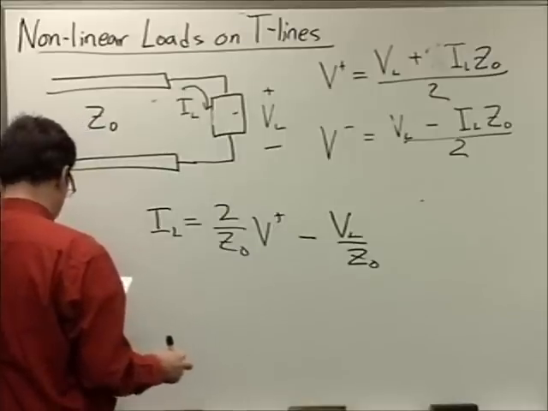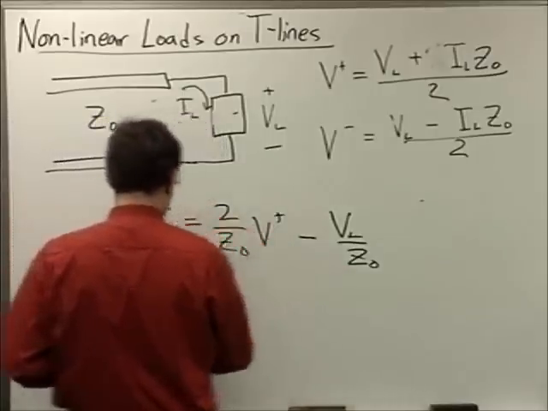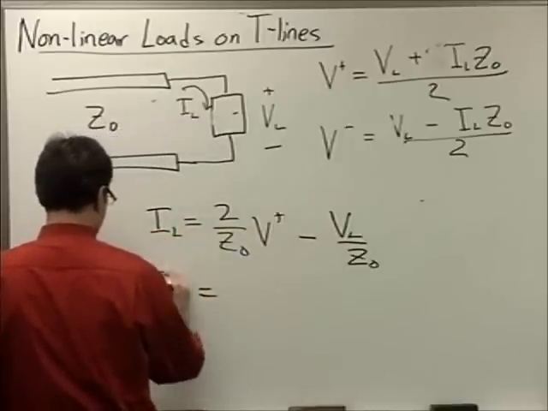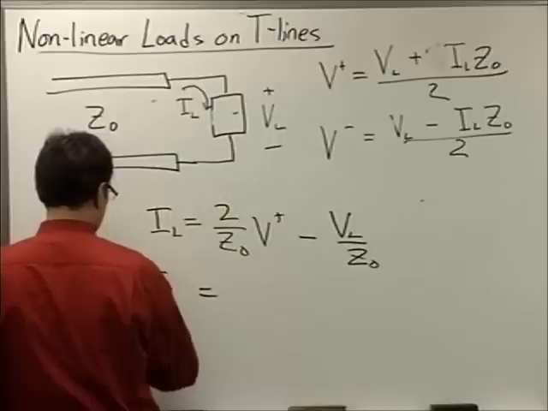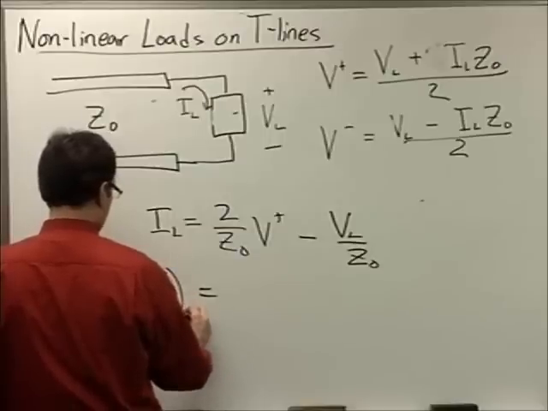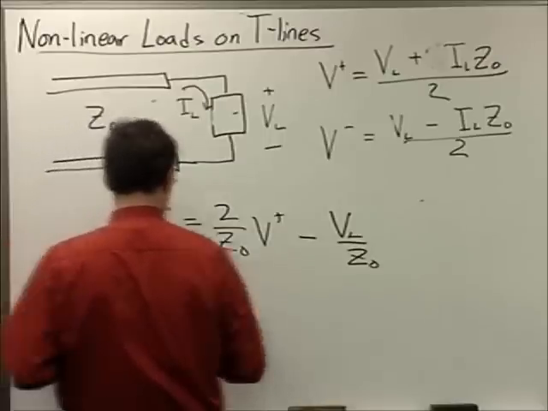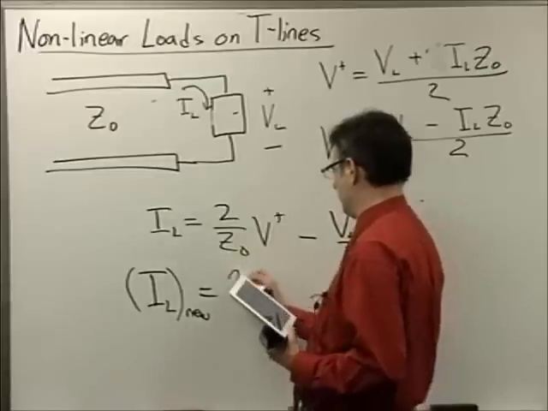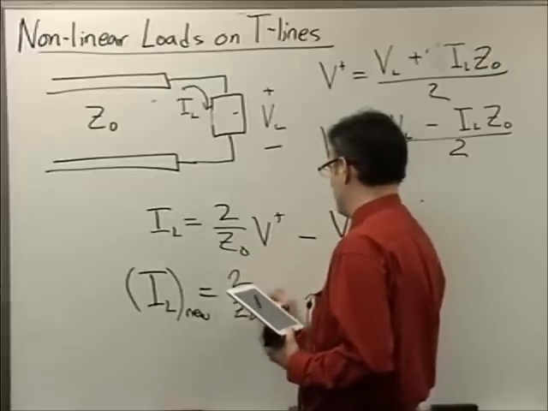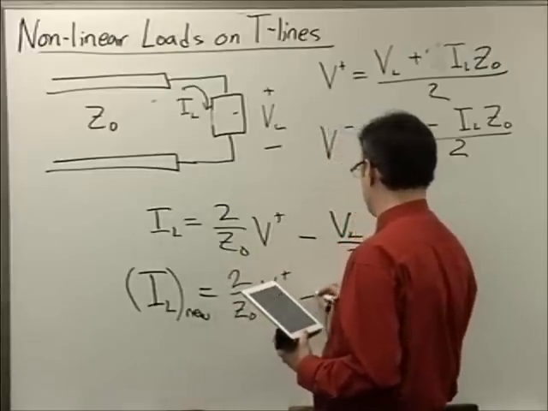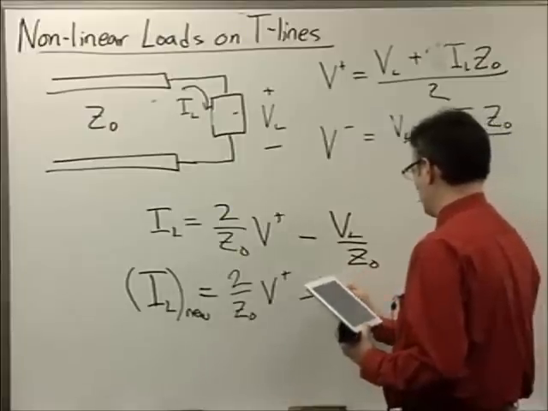I'm going to have IL, and I'm going to call this IL new over on the left-hand side of the equation: 2 over Z0 times V plus minus VL over Z0.